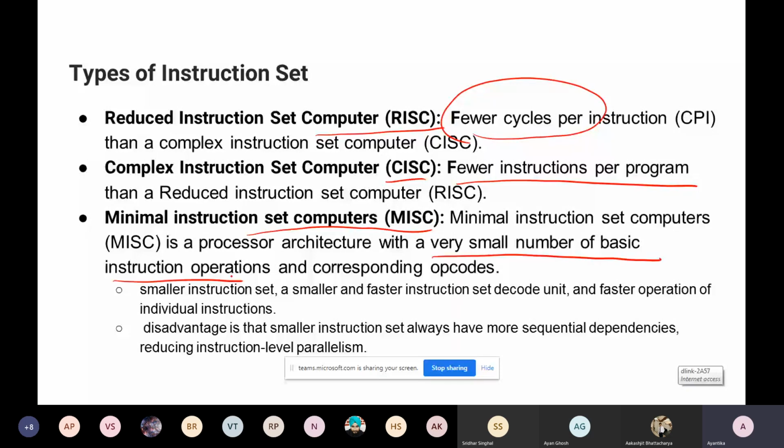Very small number of instructions means, when we are storing these instructions and mapping them to the backend, that is done by opcodes. So fewer instructions means fewer opcodes. I'm not talking about opcodes now. We will talk in detail in later slides.